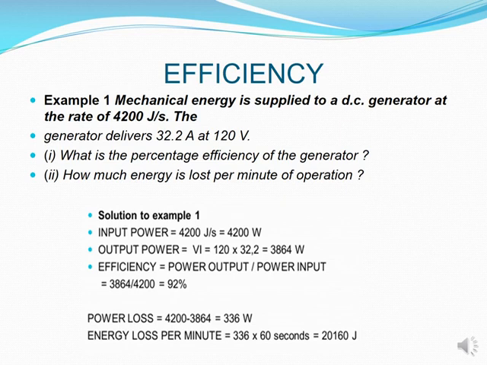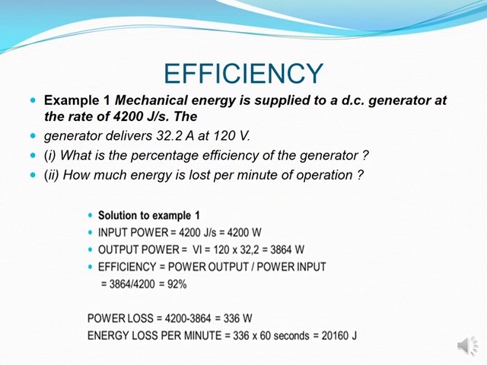So if we say now the output power is then VI, which is the 120 multiplied by the 32.2 that you're given, it will give us the 3864 watts. Then for our efficiency, it simply becomes your output divided by your input power, and that would be the 3864 divided by the 4200, and in percentage, that is 92%. So the efficiency of this generator is simply 92%.